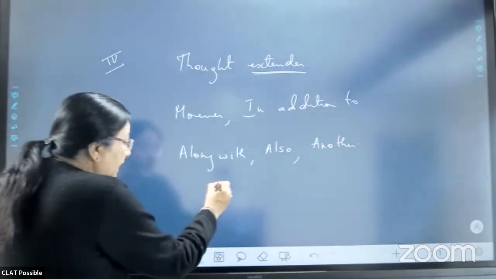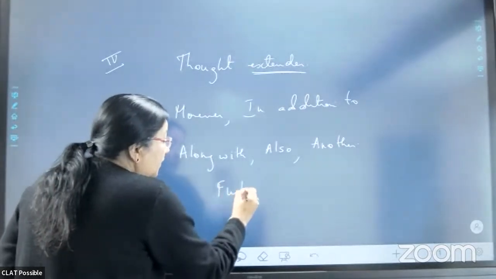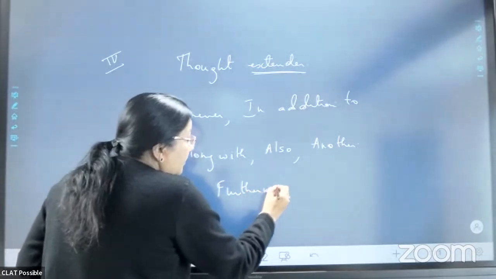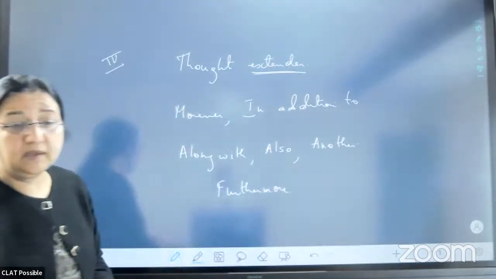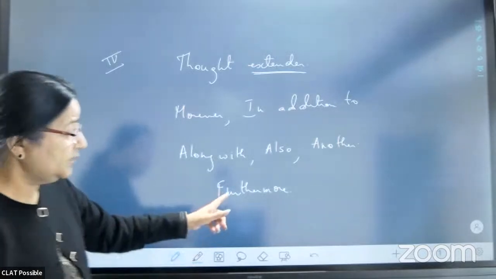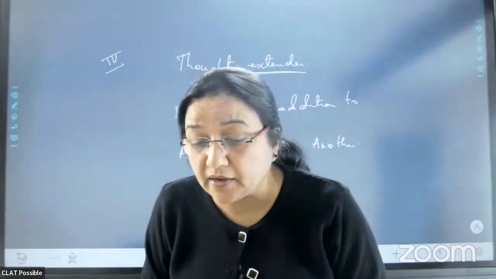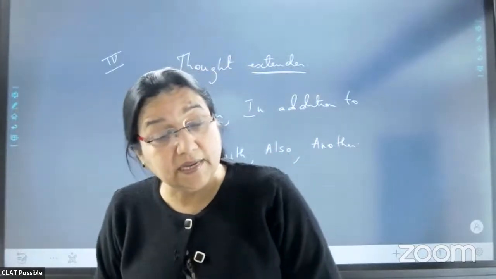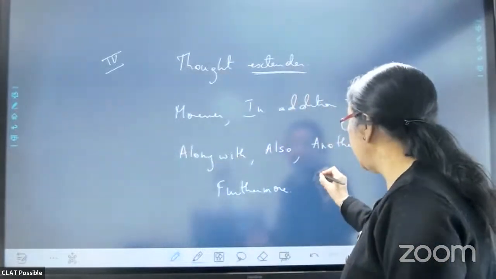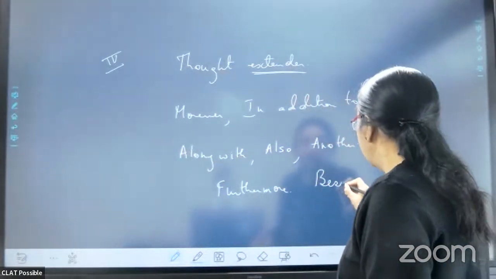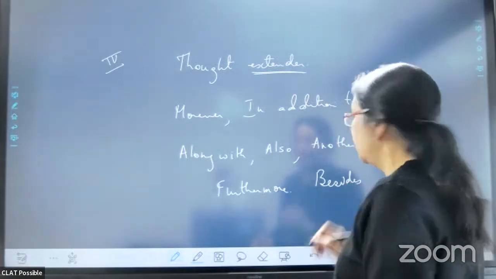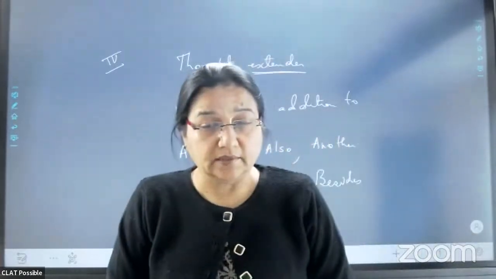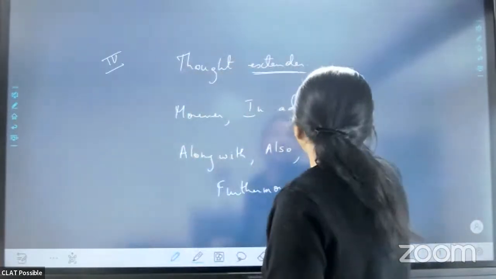And also we can add to this by saying furthermore. So this will be a clue. Now, please understand, when you see these words, words like besides also can be added here. Besides.